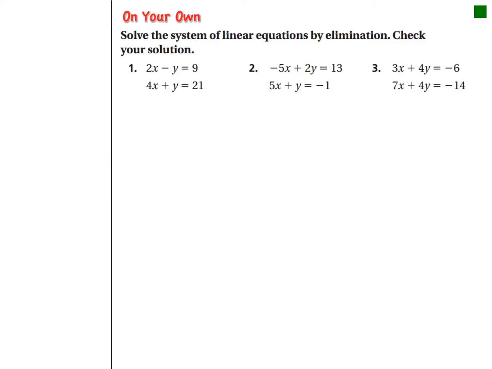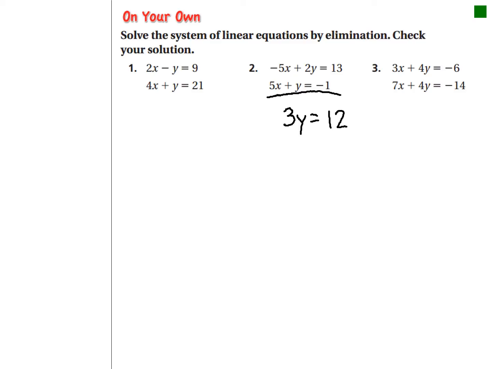If we're looking at the two x coefficients, we have a -5 and a 5. Can we add those together to get 0? Yes. And that's our first step, to do -5x plus 5x. Then 2y plus y is 3y equals 13 minus 1 is 12.